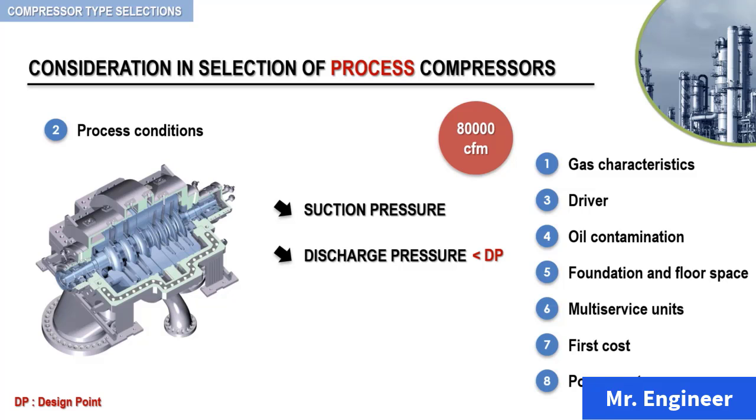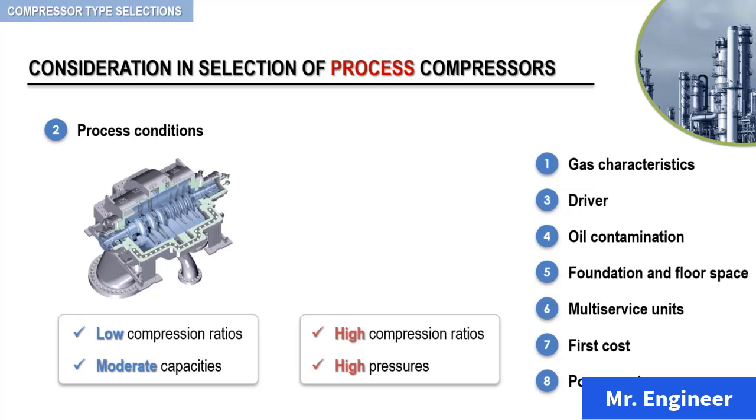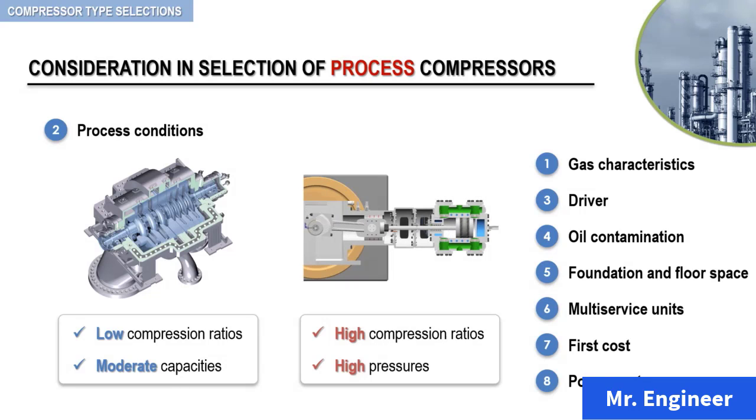Therefore, it is most important that the suction and discharge pressure, their variation and resulting influences, be accurately evaluated. Low compression ratios with reasonable capacities favor the centrifugal compressor. High compression ratios and higher pressures favor the reciprocating compressor.